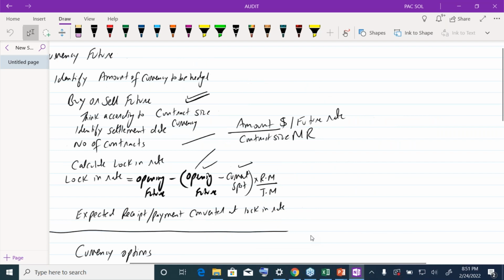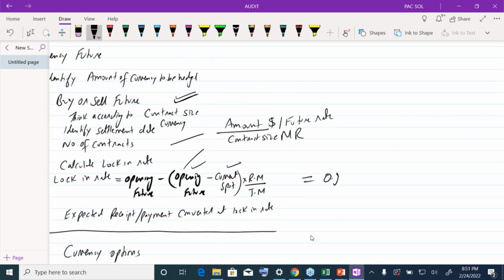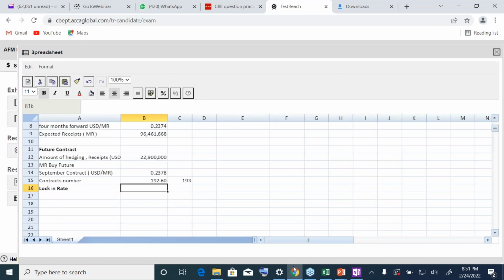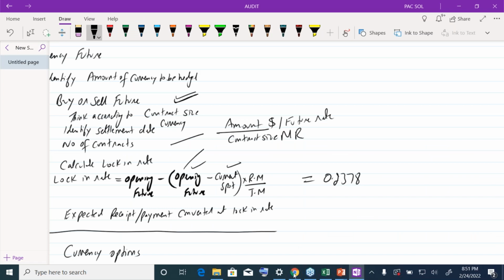Opening future is 0.2378, which you have identified above. Minus the current spot.